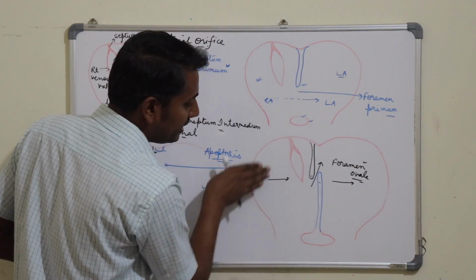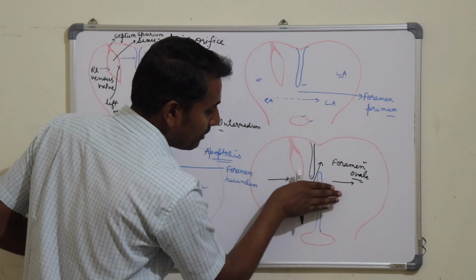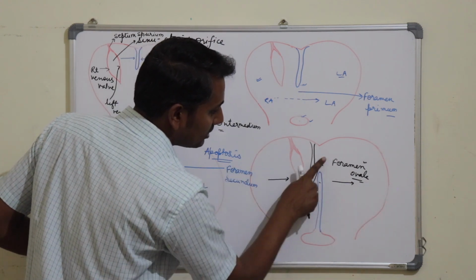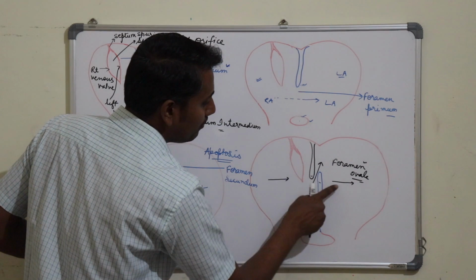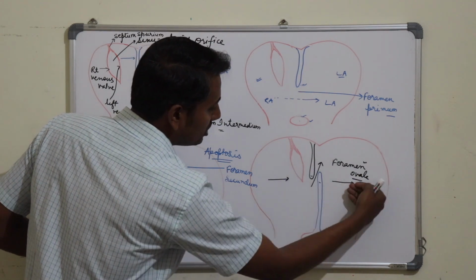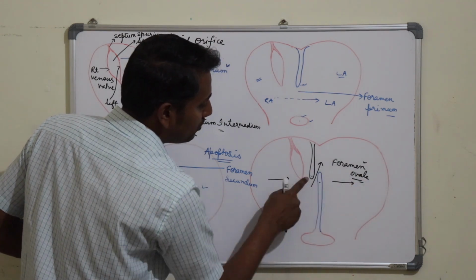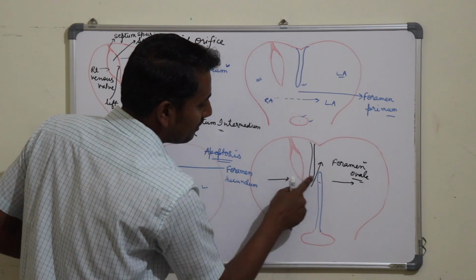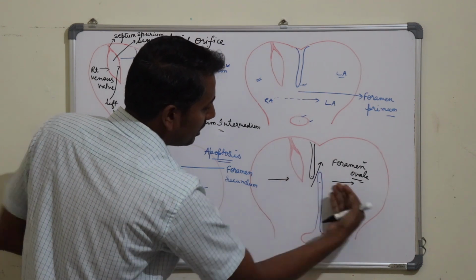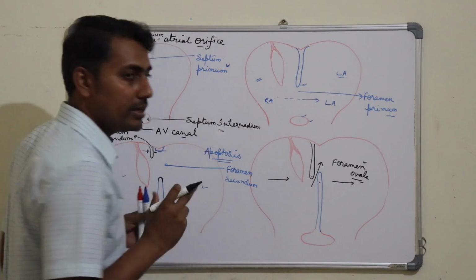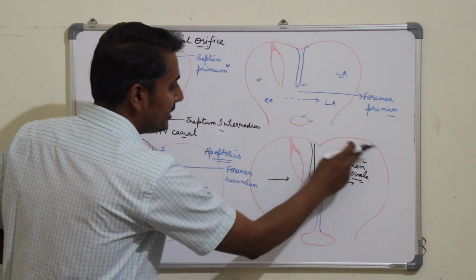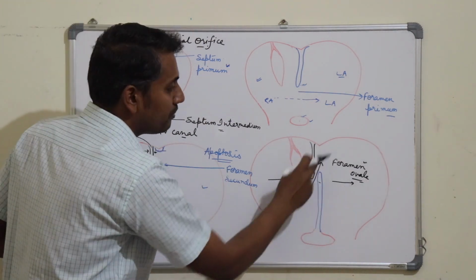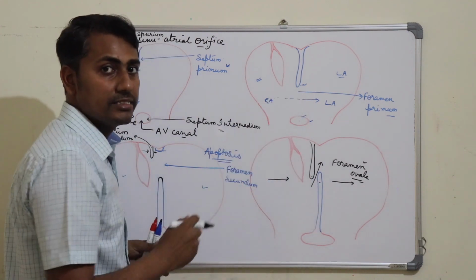Therefore, the blood in the right atrium can push the septum primum toward this side so that this gap can be opened. But when the blood in the left atrium pushes the septum primum, it has to push against this septum secundum. Therefore, this opening will get closed. But due to the flow of blood into the left atrium from the pulmonary veins, the pressure in the left atrium will increase.